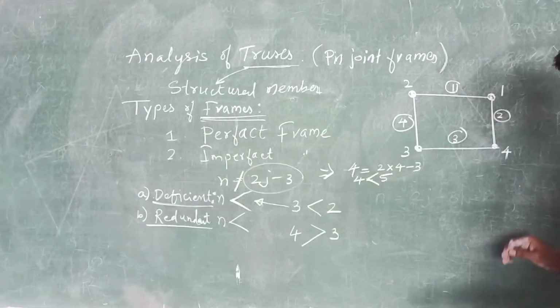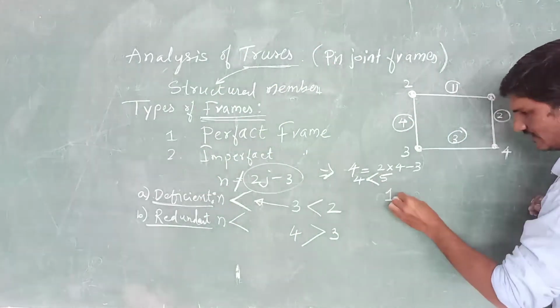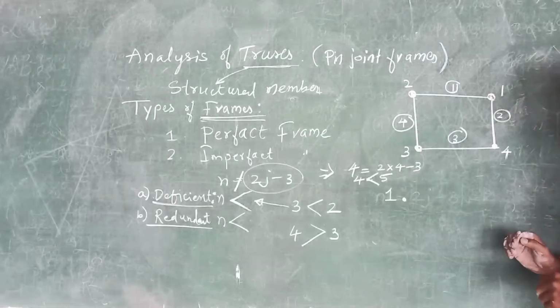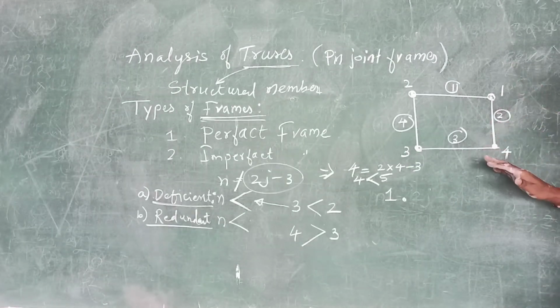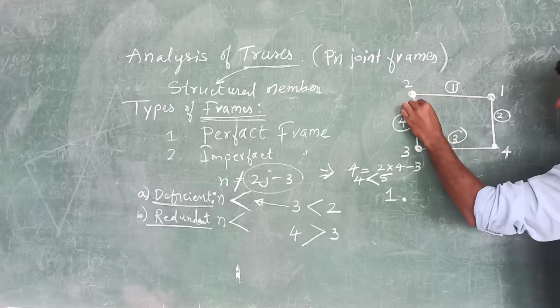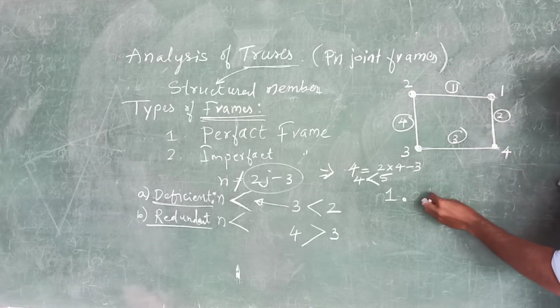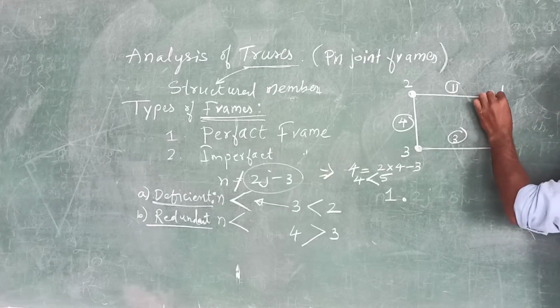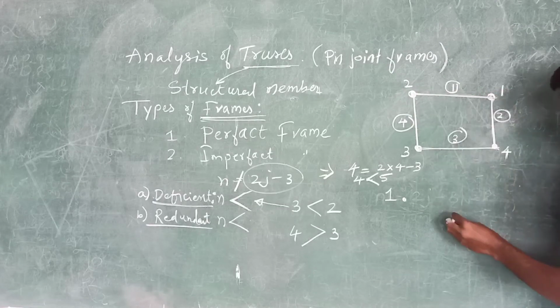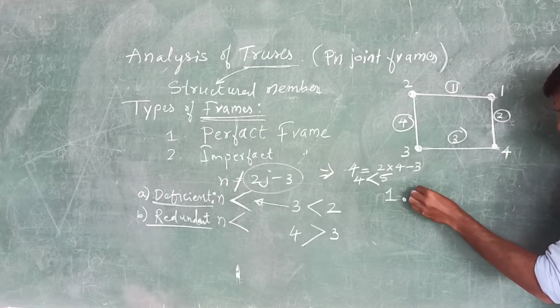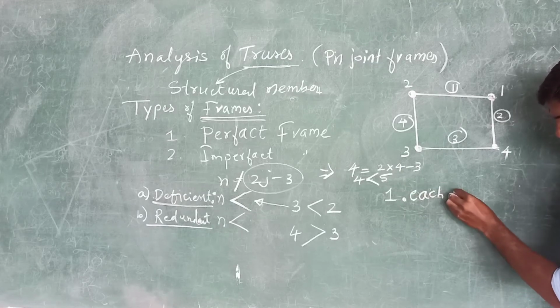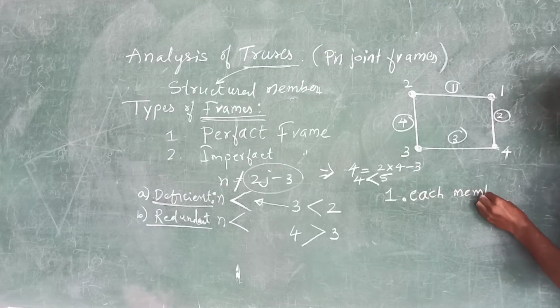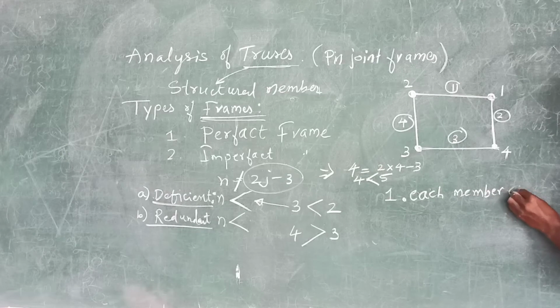So the first assumption: let us assume each member's cross-sectional area is uniform.